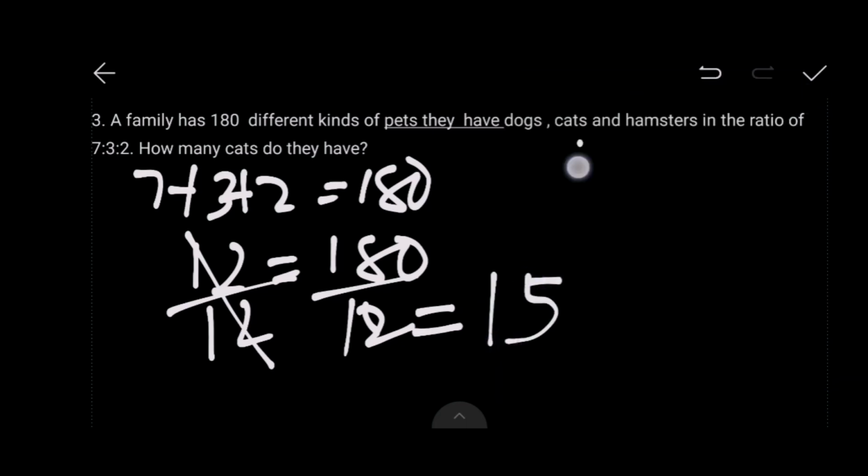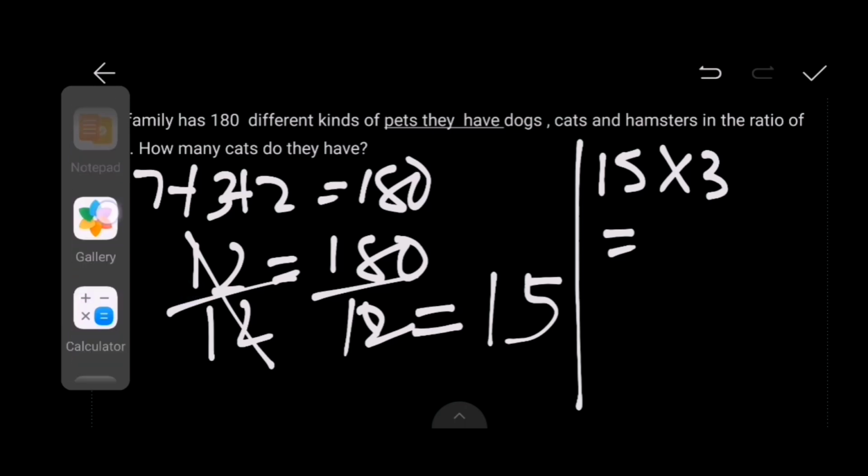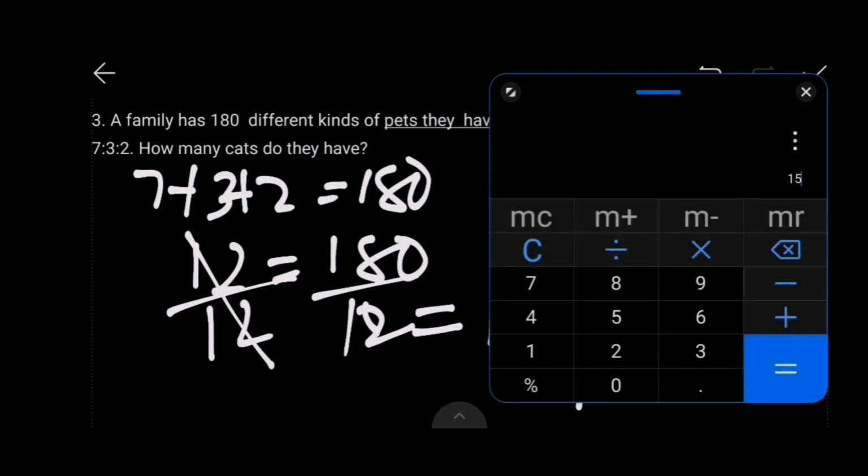So, try lang natin ang 15 times 3 since pangalawa si cat sa given. 15 times 3, we have 45.